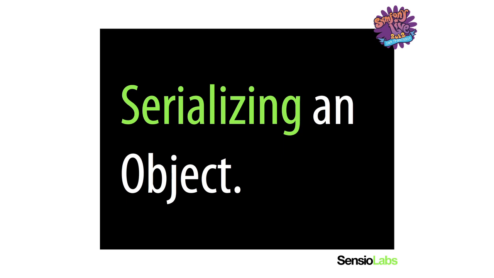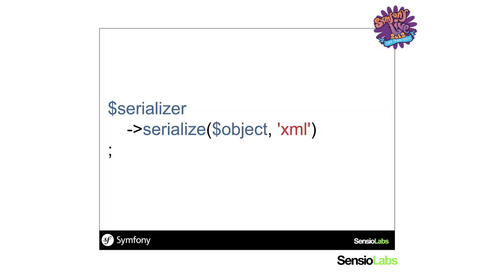So if you want to serialize your PHP object, when you have created your serializer object, you have the serialize method we saw in the Serializer interface. So you just pass your PHP object and you tell in which format you want to serialize your object. And as we are using a GetSetMethodNormalizer, this normalizer will call all getter methods in your PHP object to convert your object to an XML response, an XML output.